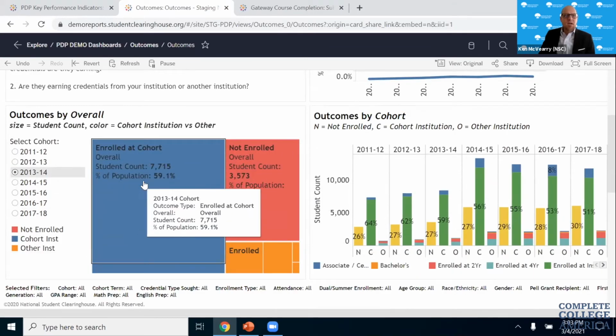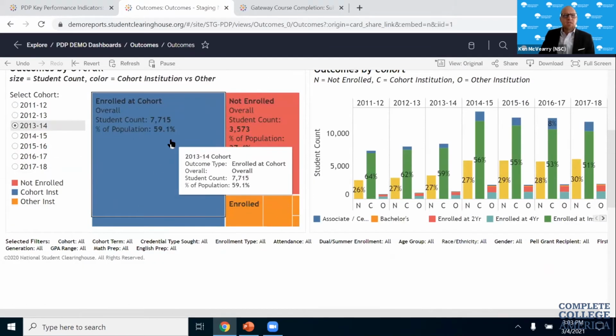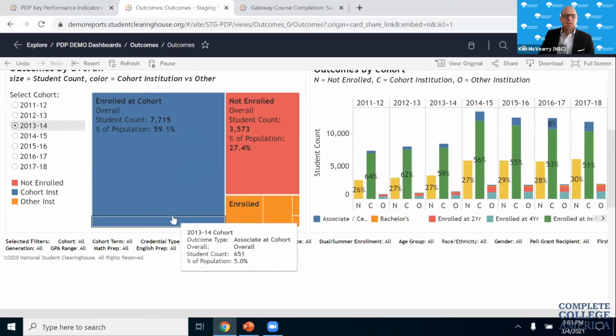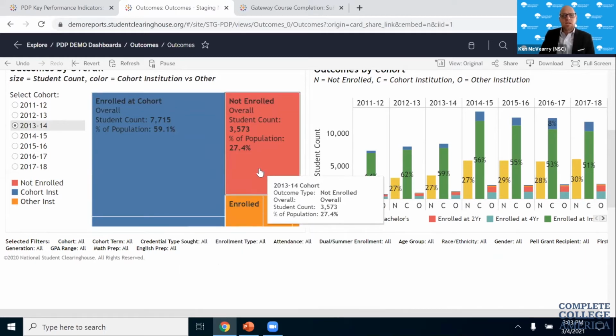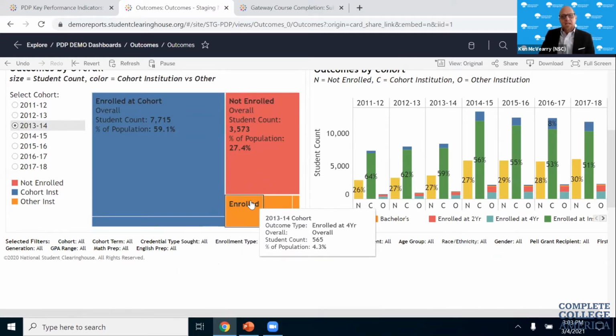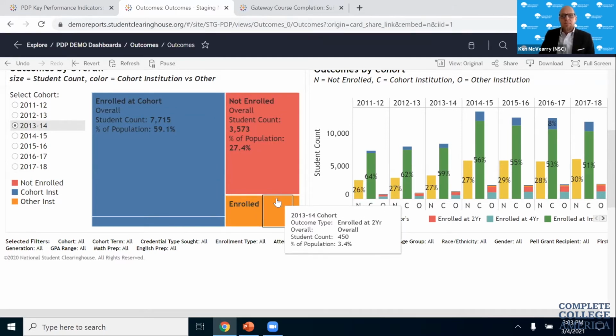For this cohort, 59% at the 2-year mark are still enrolled at that community college. At the 2-year mark, 5% have achieved an associate's degree, 27% aren't enrolled anywhere nationally, but now we can actually see that 4.3% have moved on and have enrolled at a 4-year institution, right? 3.4% have enrolled at another 2-year institution.